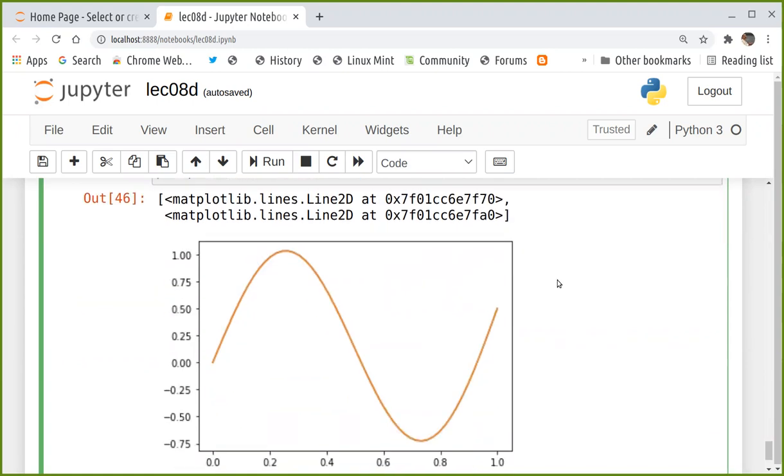And if we compare the two, then we see that everything works.